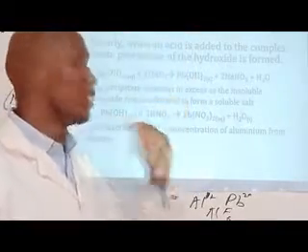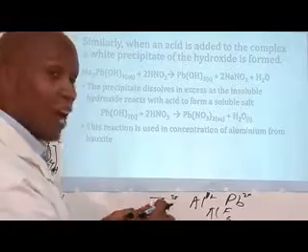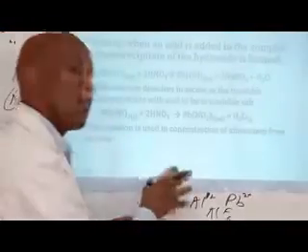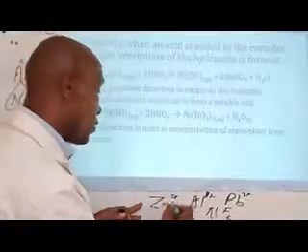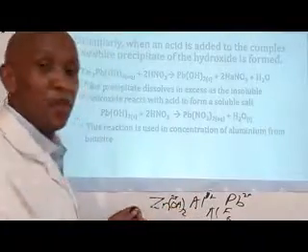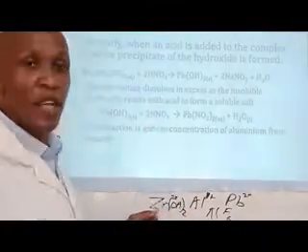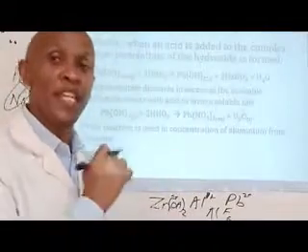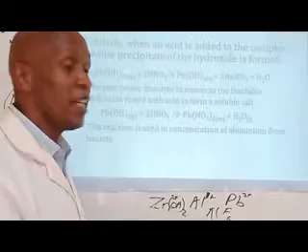Just like when you started with the zinc ions, you added sodium hydroxide. What did you see? A white precipitate of what? The insoluble zinc hydroxide. When you added excess sodium hydroxide, what did you see? The precipitate dissolved. Why did it dissolve? Because of the formation of the tetrahydroxo zincate.